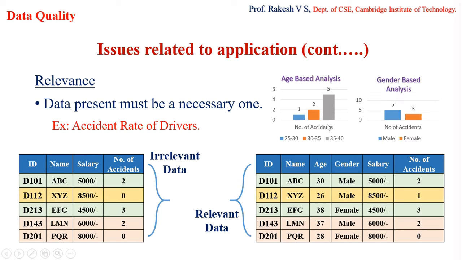Based on gender also, I can make the analysis: male drivers have a higher accident rate compared to female drivers. This analysis was possible because of this data set, and the same wouldn't be possible with the other data set. That becomes irrelevant data for the analysis they've asked us to do.